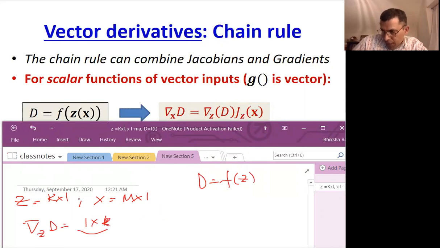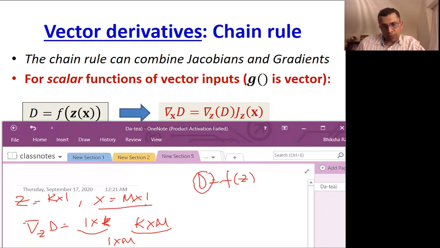The derivative of z with respect to x is going to be a k cross m matrix. So when you multiply these two, you're going to end up with a 1 cross m vector, which is indeed what the size of the derivative of d with respect to x must be.